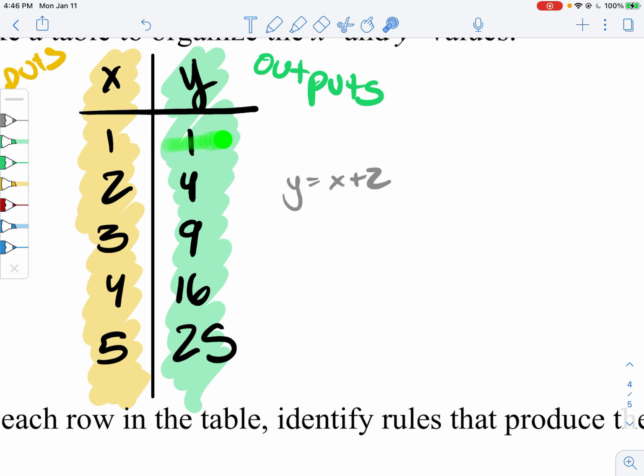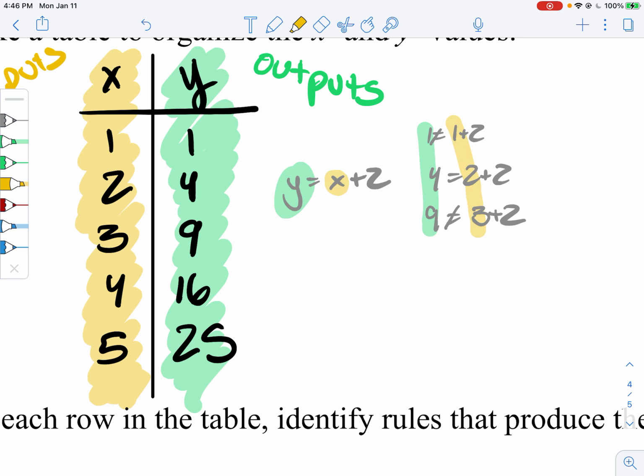But in this row, 1 is not 1 plus 2. In the second row, 4 is 2 plus 2, and that's good. But in the third row, 9 is not 3 plus 2. So we're taking the y values from our charts and plugging them into the rule to see if that works, and it's not working so far.